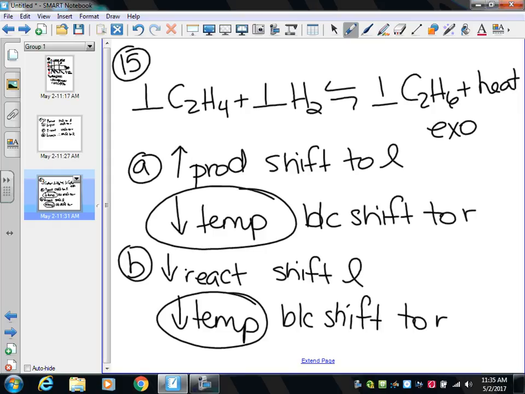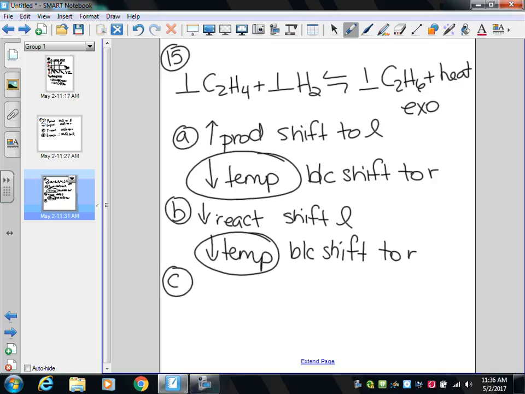Which one tells you that it'll shift to the right, the increase or the decrease? The decrease. So this is why we're going to decrease the temperature in order to get it to shift to the right. Okay? You doing alright? This is probably one of the more complicated versions because it's asking you to do more than one step.